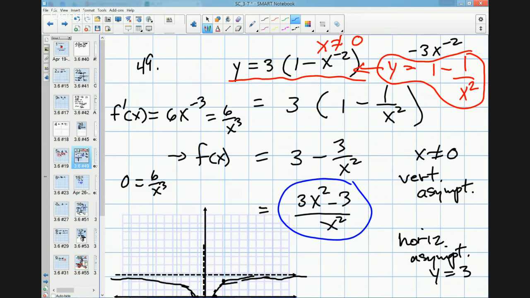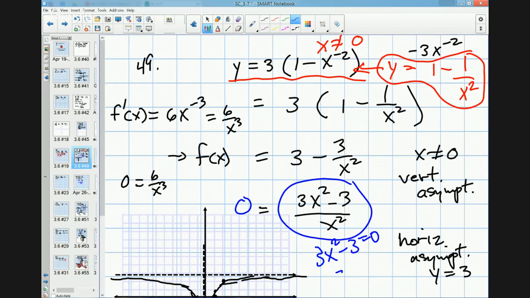What about intercepts? Let's take the tough one first. When will the y-coordinate be 0? In other words, x-intercepts. If you multiply both sides by x squared, you get 3x squared minus 3 equals 0.